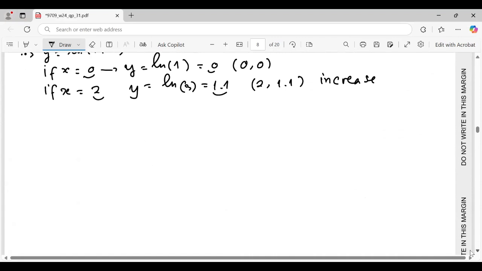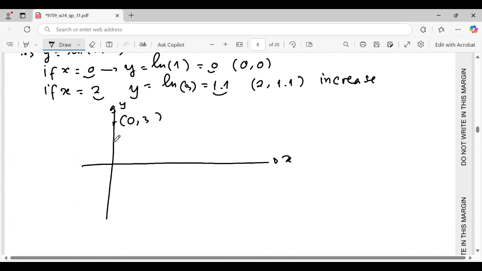So let's really sketch this graph. This is Y, this is X. First, the graph starts at (0, 3). And this is 1, this is 2.